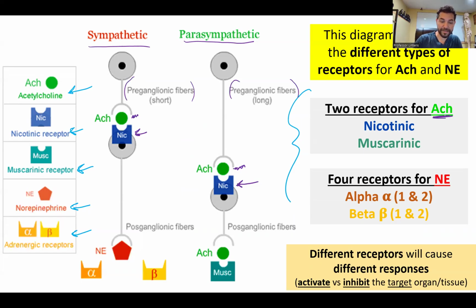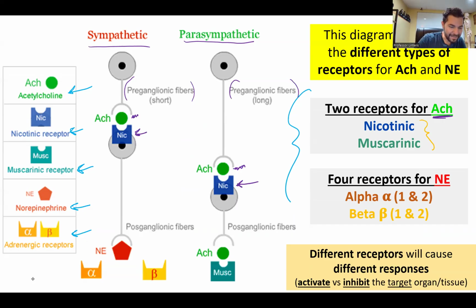Two receptors for ACH, nicotinic and muscarinic, right? The nicotinic are found in both sympathetic and parasympathetic, where those synapses meet. And we know because we already knew that ACH was going to be there.